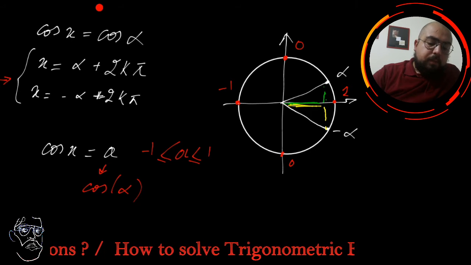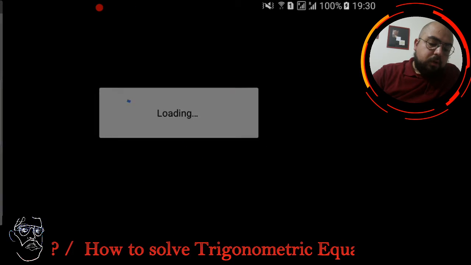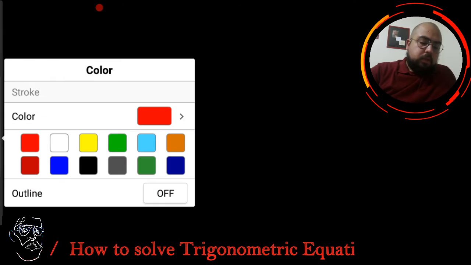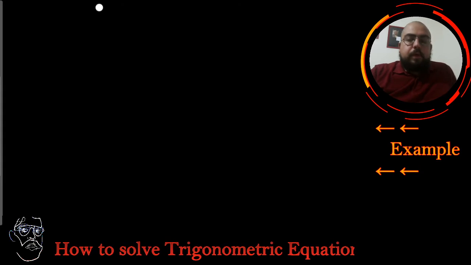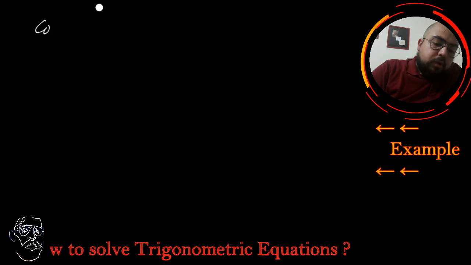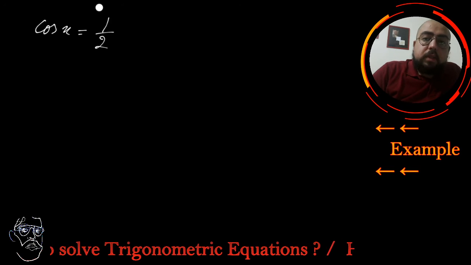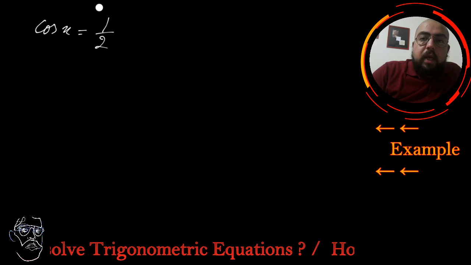I'm going to take a couple of examples with cosine. How do we solve cosine x is equal to 1 over 2? As you can see, it's cosine is equal to a.